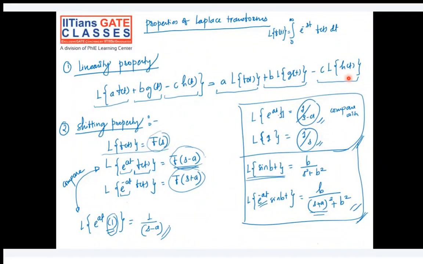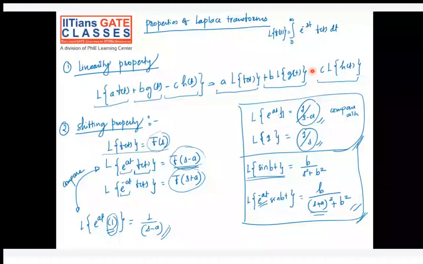For example, the Laplace transform of t square plus sine of at minus e to the power 2t: you have to take the Laplace transform of t square, sine of at and e to the power 2t separately, and whatever constants are there, you can bring them out of the Laplace transform. So this is the way to solve problems where addition or subtraction of more than one function is involved.